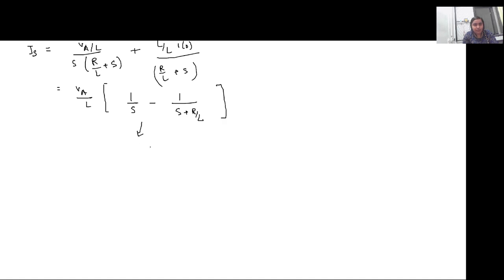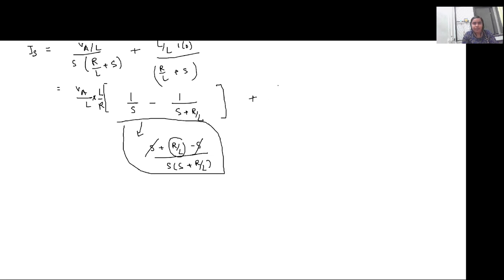If we had simplified, it will be S plus R by L minus S by S into S plus R by L. So basically there is an R by L factor that would come up if we write it in this form. So we have to multiply an inverse of it, L by R, so that it balances out what we have written here, right?